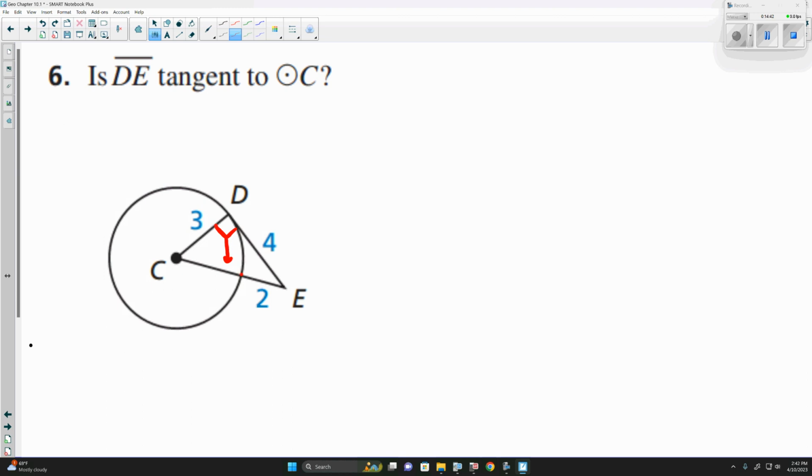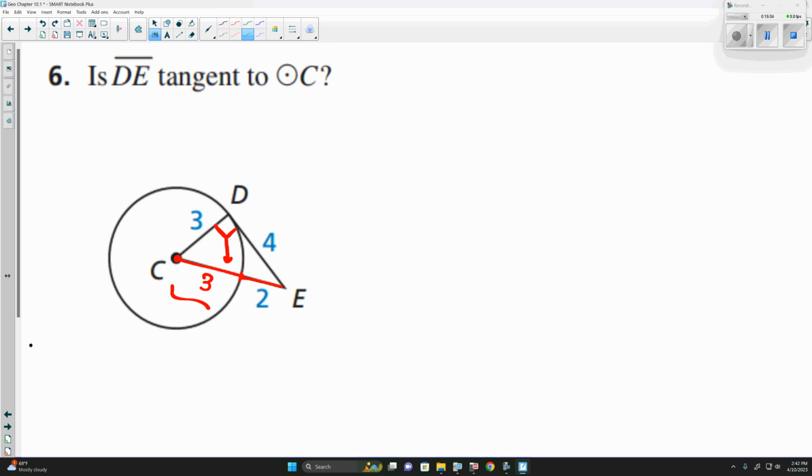It's the length from the point on the circle to the outside, yes? Now the big question is, what is the length from C to the circle? It is indeed 3, because the radius is the length. It's the same all the way around.